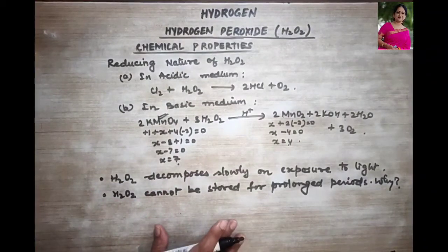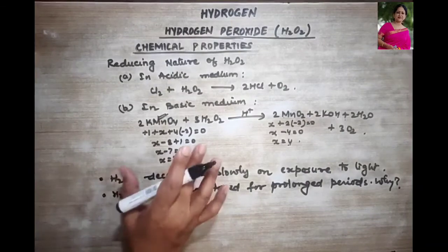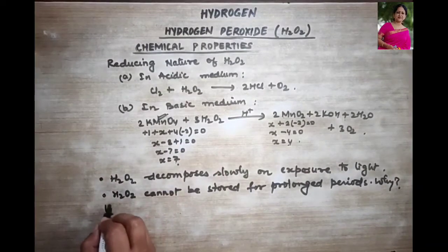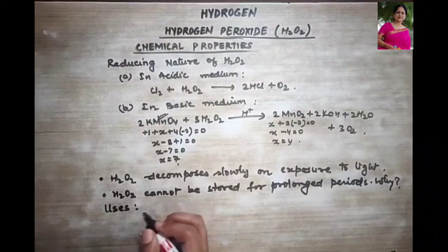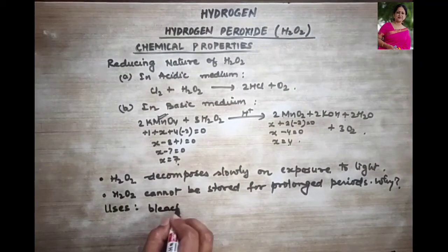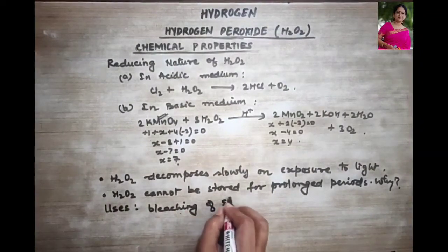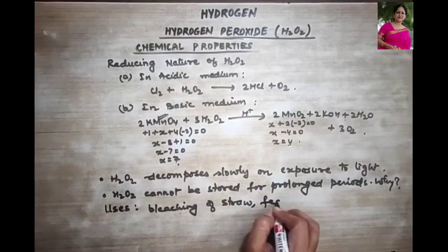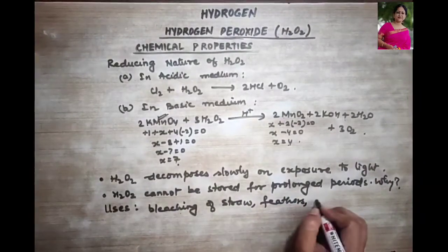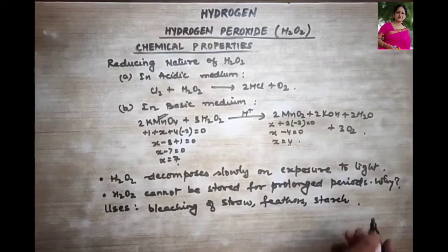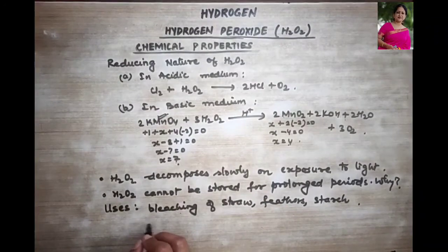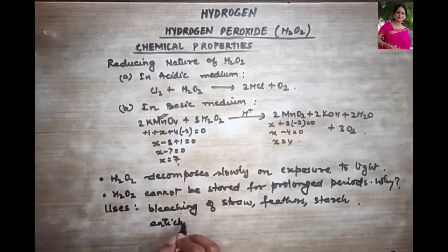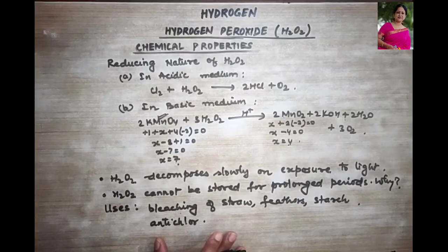Now, coming to the uses of hydrogen peroxide. They are mainly used for the bleaching. Okay, bleaching of straw, of maybe feathers, maybe starch, and so on. Okay, for the textiles also. Then they are also used as anti-chlor, which means to remove traces of chlorine from the bleach.